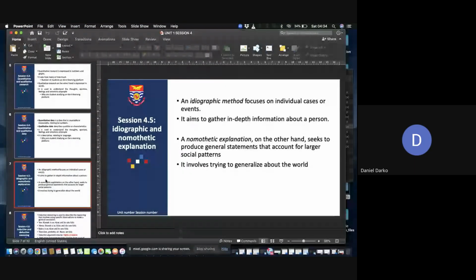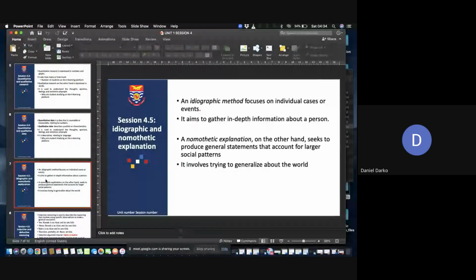Another dialectic is idiographic explanation and nomothetic explanation. Idiographic means, idio means unique, right? So idiographic explanation focuses on individual cases, unique cases or events. Its aim is to gather in-depth information about a person.